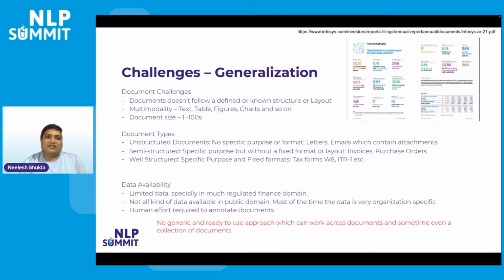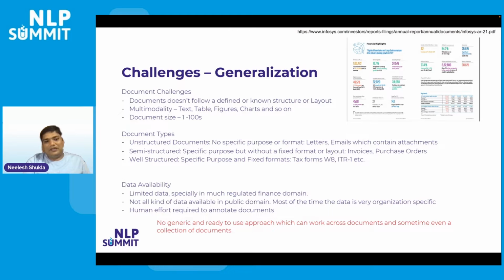That means all the invoices will have an invoice number, there will be line items, and then date, client, and everything. So they have similar information, but their structure is changing. Well-structured documents are documents like tax forms or W forms, those IRS forms. They have a well-defined structure of where you should put what info, and with that you can get that info. So this is the variety that we get in document types.